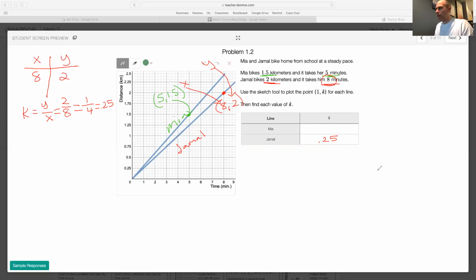Same thing: if I had a Mia table with x values and y values, it would be 5 minutes for x and 1.5 for y. So I just need to do y divided by x.